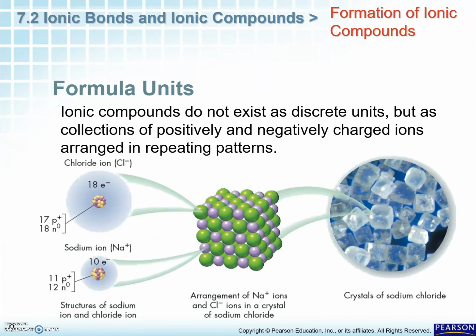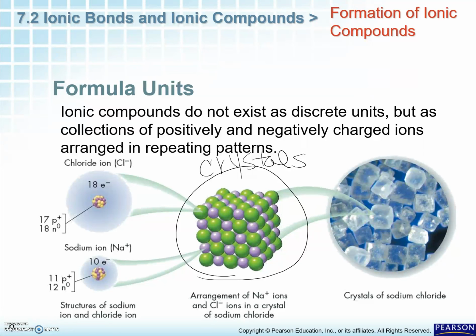And the reason for that is ionic compounds don't exist as individual units. Instead, they create this crystalline structure that has positive and negatively charged ions over and over and over again, repeating themselves.